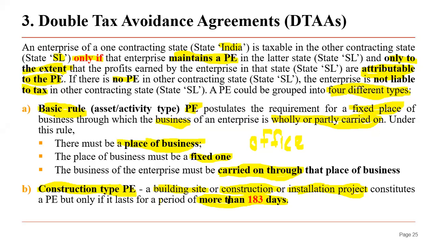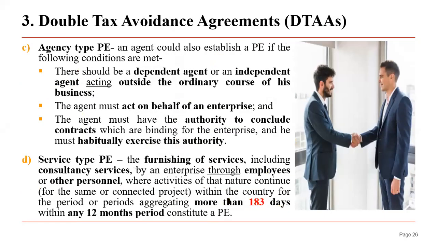Then they are having a PE in Sri Lanka and are liable to tax on the profit which is attributable to that PE, not the entire profit, right? This is easy, right?